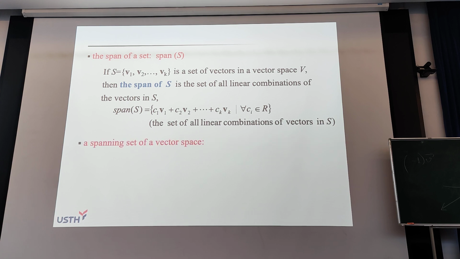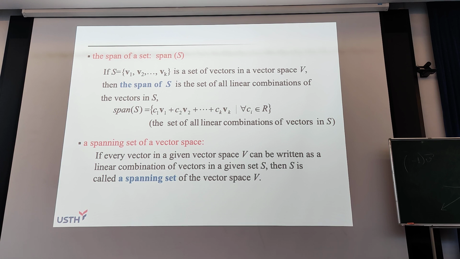And next, that is the notion of a spanning set of a vector space. That is just a little in the converse of the span of S. Now suppose that any vector inside the vector space V is a linear combination of vectors inside S, then S will be called the spanning set of the vector space V.